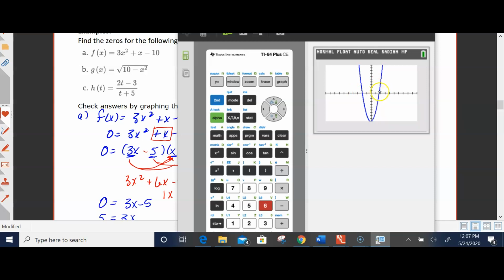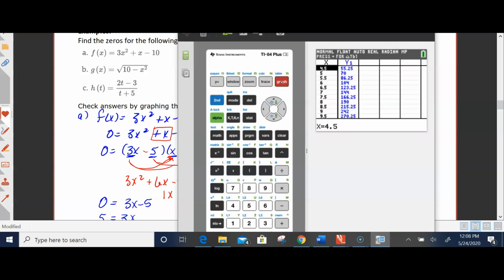Let me show you a way to set up your calculator. I want you to go to this table, second graph, and go to the table. Now, if you scroll, you should be able to see these x-intercepts. See, right there, negative 2, 0, that's your 0 or your x-intercept. The other one was at, I think it was 5/3.